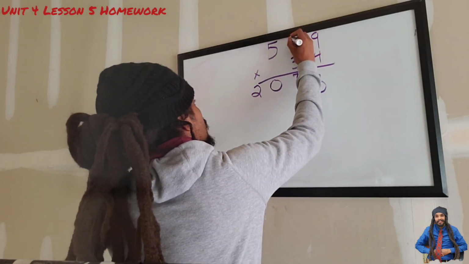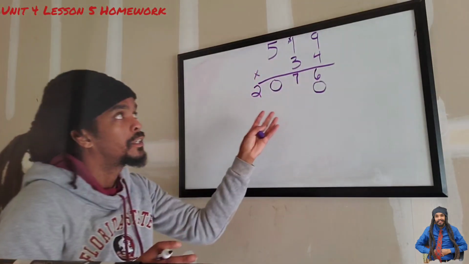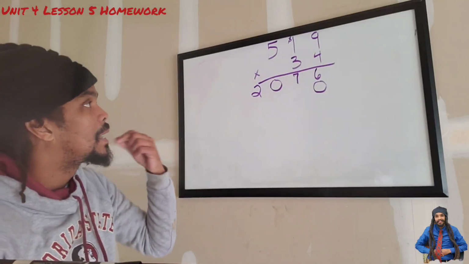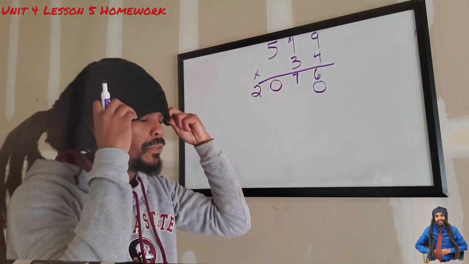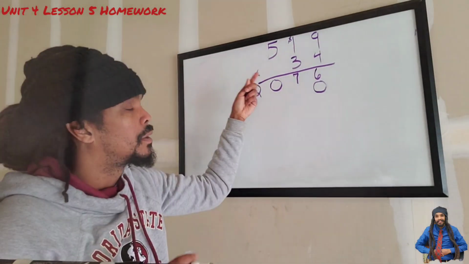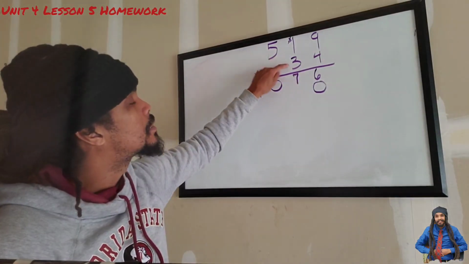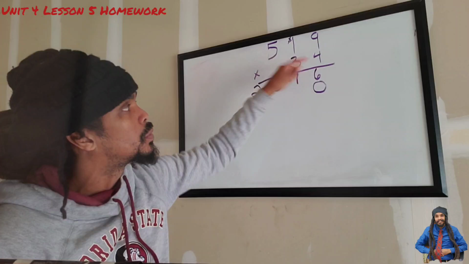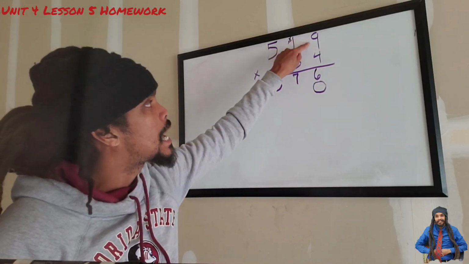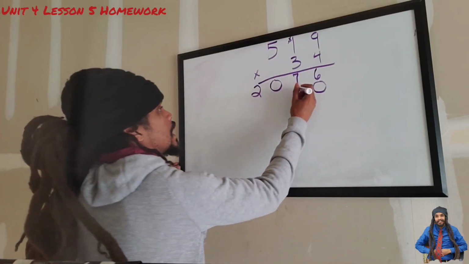All right, I'm going to cross out our 3 because we don't really need it so much right now anymore, and we don't want to get confused. Keep it up there, but just cross it out. Now we're going to take 3 and do everything we did with the 4. 3 times 9, you should know, is 27.